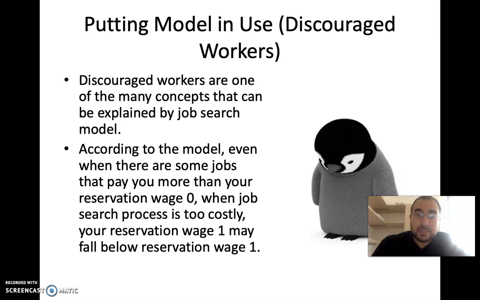We have already discussed the worker model. If the cost of the job search process is too high, or if jobs are available and there's a possibility for workers to get that job, but either the cost is too high or the probability of getting that job is too low for that worker, and those probabilities depend also on the conditions of that worker, not only the outside conditions, in that case, a worker might not look for a job, even though if a job would be offered at a wage he or she could get, he or she would accept it.